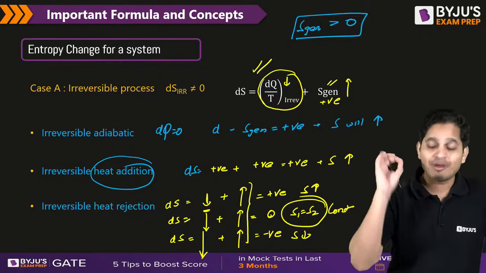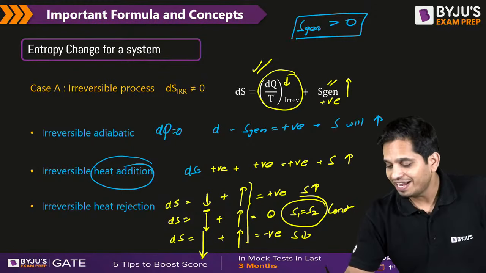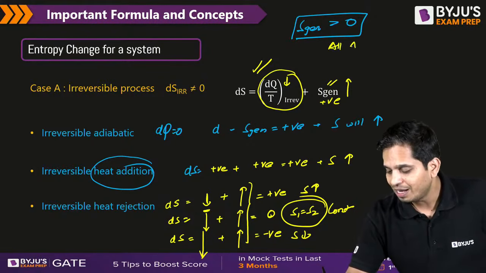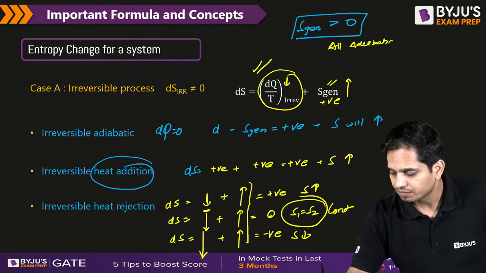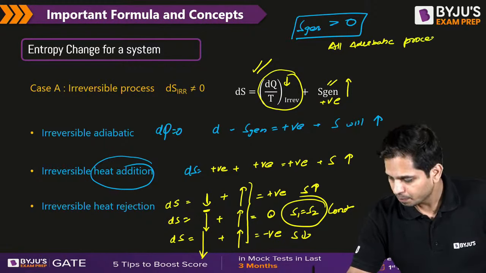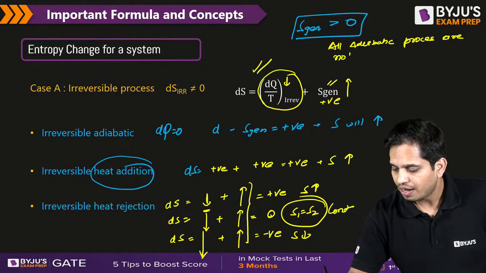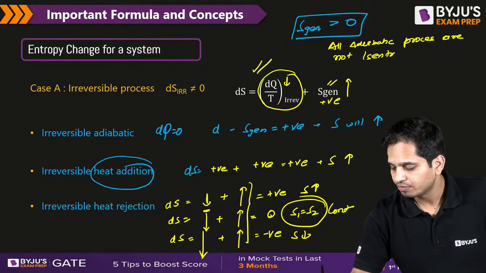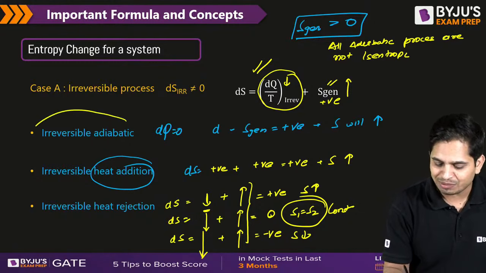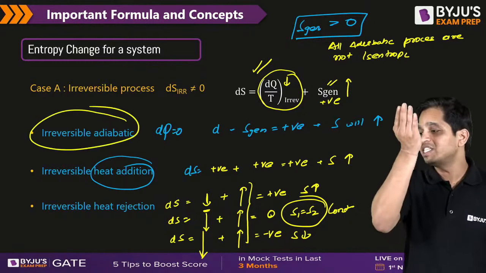Okay, so you need to remember one thing. What? All adiabatic processes are not isentropic. You see, this is irreversible adiabatic, but entropy is increasing.